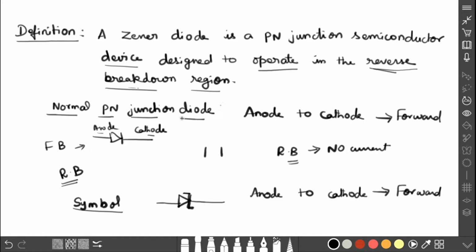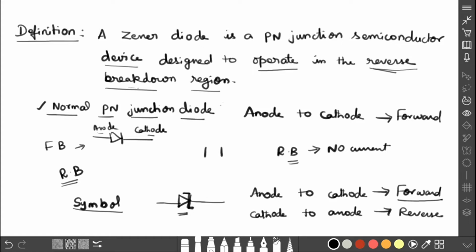But when we give the reverse biasing, at that time also it conducts current, from cathode to anode during the reverse biasing. That is what the diode symbol shows.